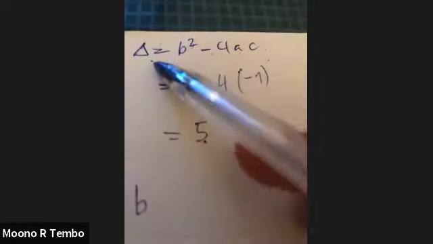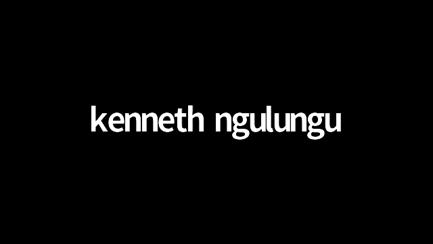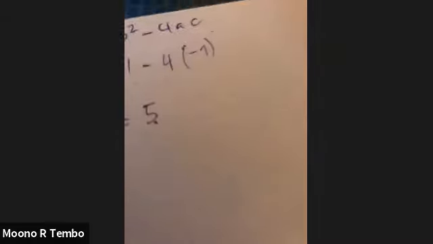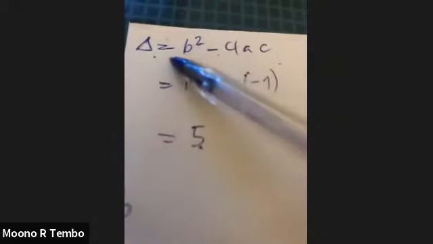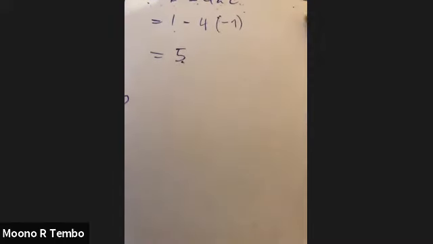The whole formula is negative B plus or minus the square root of B squared minus 4AC, everything over 2A. This part here is normally noted as delta. This is why I put delta equals B squared minus 4AC, and you found this part gives us 5. Our B here is negative 1, that we already know.